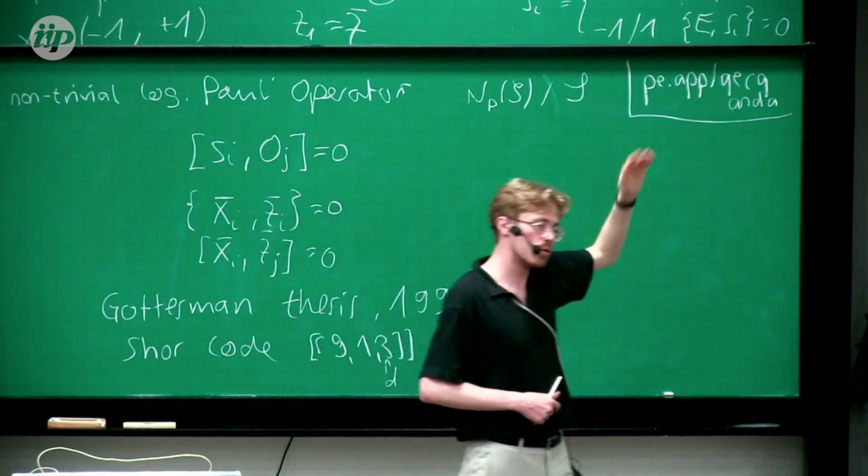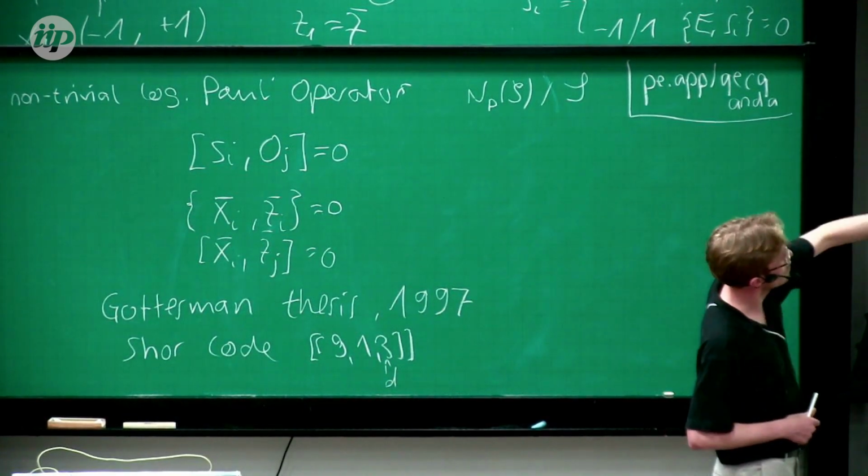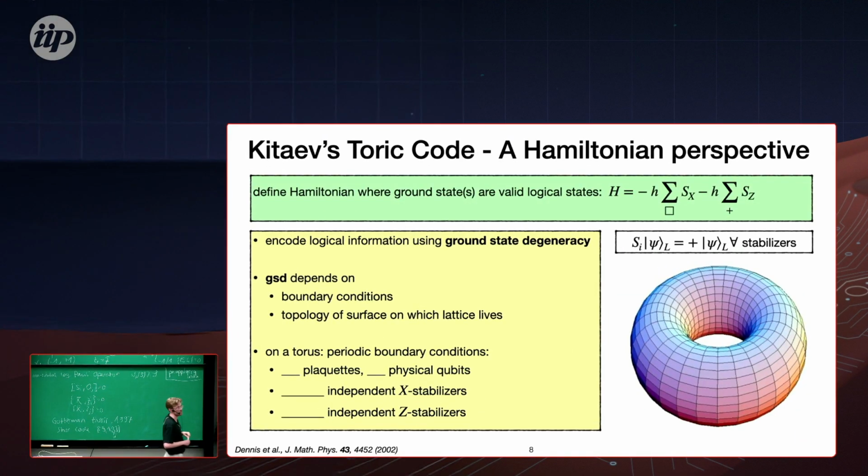So in order to have the lowest energy state be a logical state, we have to put a minus sign in front of each stabilizer generator, and then the energy scale is just an arbitrary value that doesn't really matter. But then, if all stabilizers are +1, the ground state will be a valid logical code state.